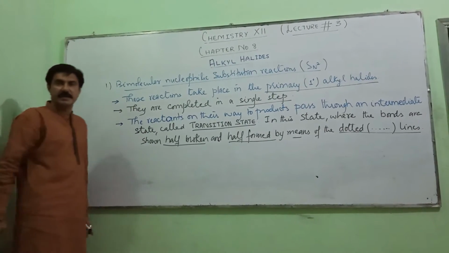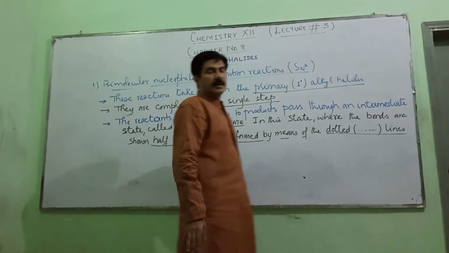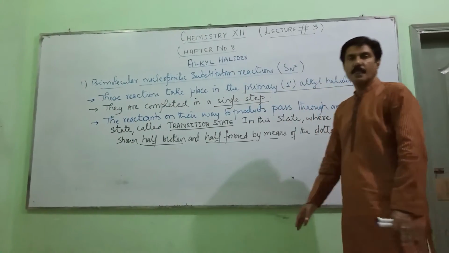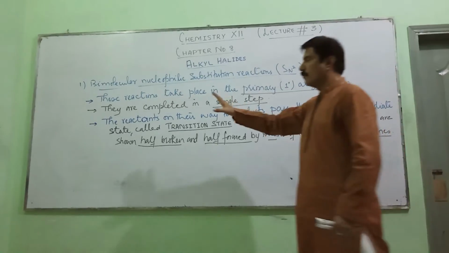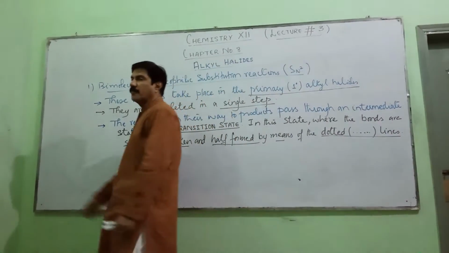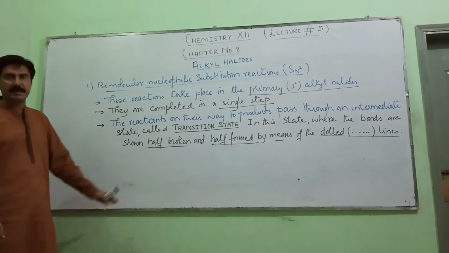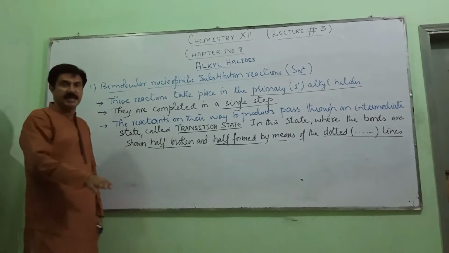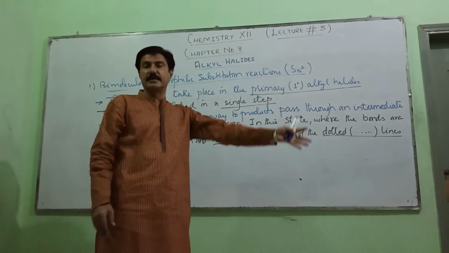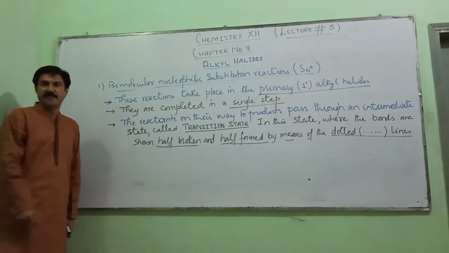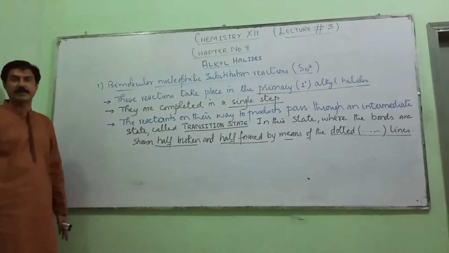One thing you must remember here is that in such type of reactions, the halogen atom will be trying to escape from the alkyl halide molecule by gaining the electron pair with it. At the same time, the attacking nucleophile will attack the carbon atom from the opposite direction of the halogen atom.